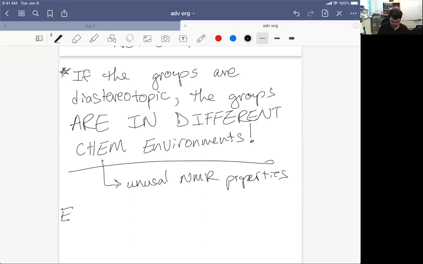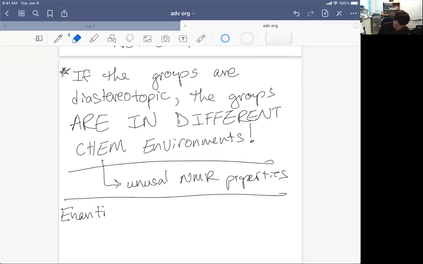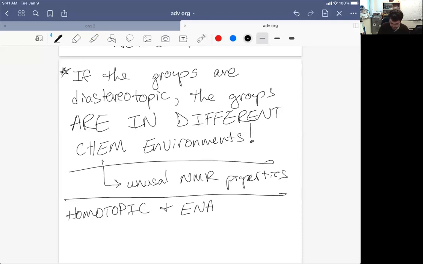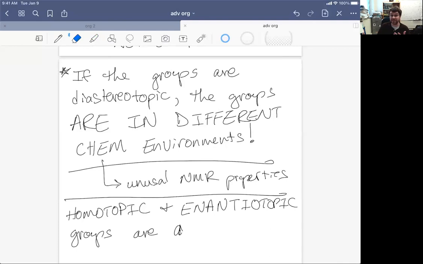Let's do an enantiotopic example. Oh, let's finish our thought. Excuse me, sorry. Homotopic and enantiotopic groups are always, I should be careful with the word always.